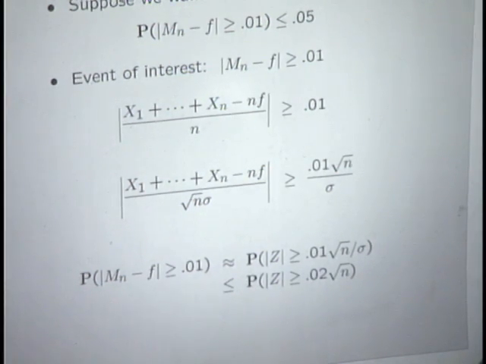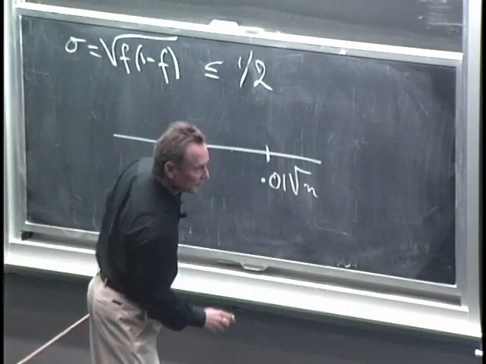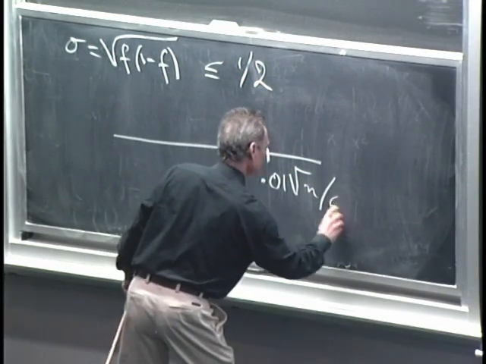And this gives us an inequality going this way. Let's just make sure why the inequality goes this way. We got on our axis two numbers. One number is 0.01 square root n divided by sigma.